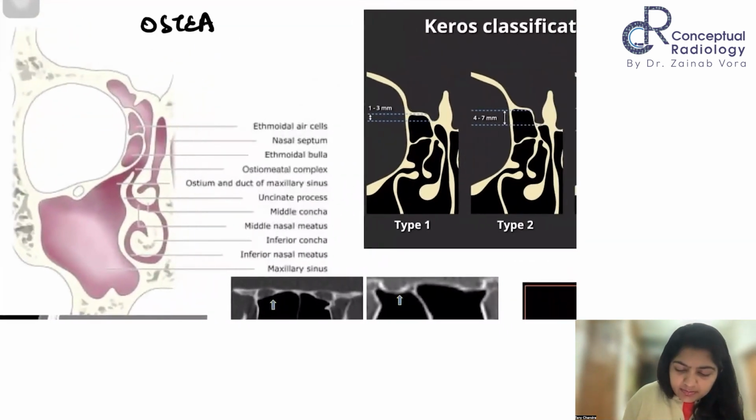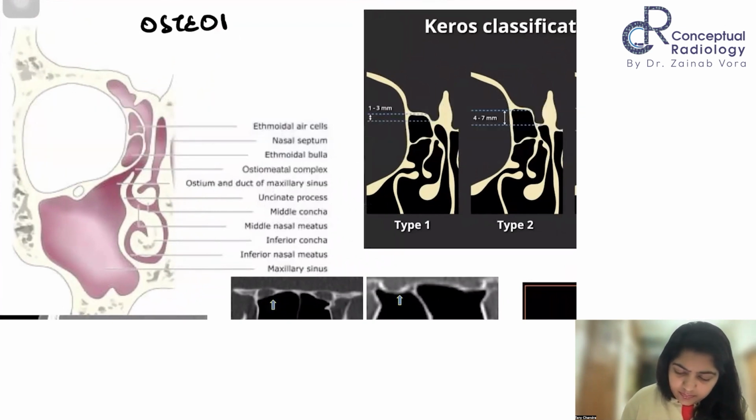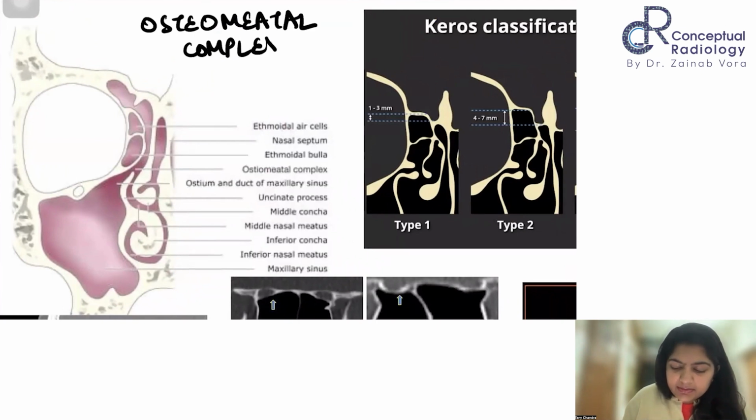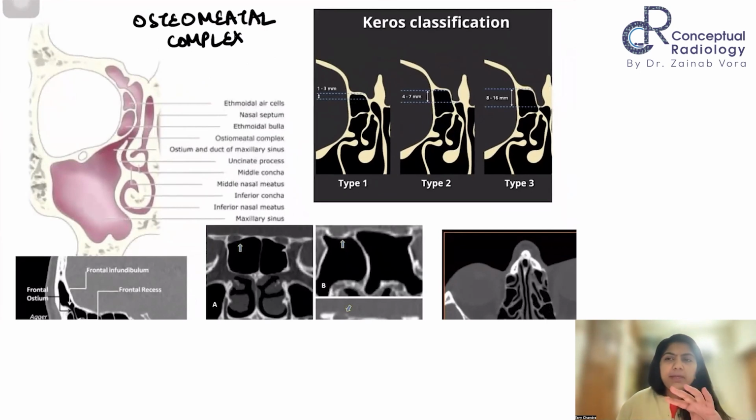osteomeatal complex. Osteomeatal complex means that you are going to have the ostia and the meatus. So the ostia is the opening of these paranasal sinuses, and these meati are the pathways between the various turbinates, right?